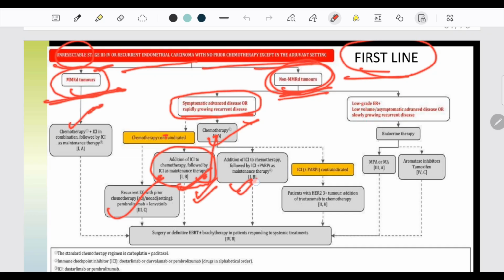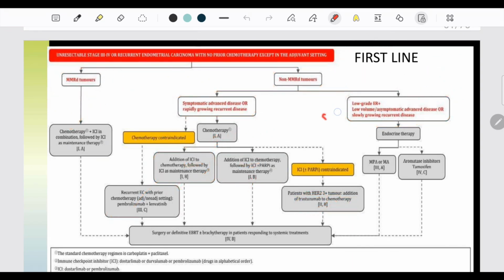If immune checkpoint inhibitor is contraindicated, then in a patient with HER2 3+ tumor, addition of trastuzumab to chemotherapy is considered. And in case of low grade estrogen receptor positive tumor, low volume or asymptomatic advanced disease, or slow growing recurrent disease, then endocrine therapy, medroxyprogesterone acetate or megestrol acetate, aromatase inhibitor, or tamoxifen is the preferred one.